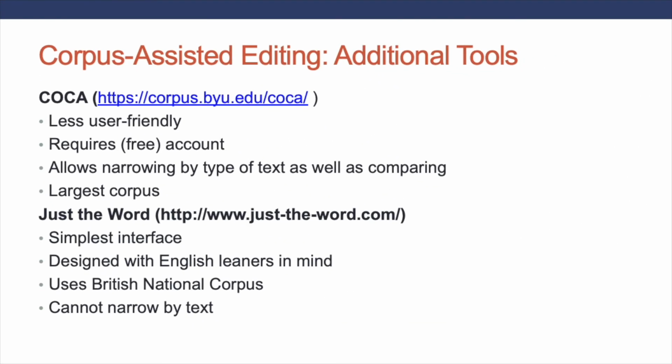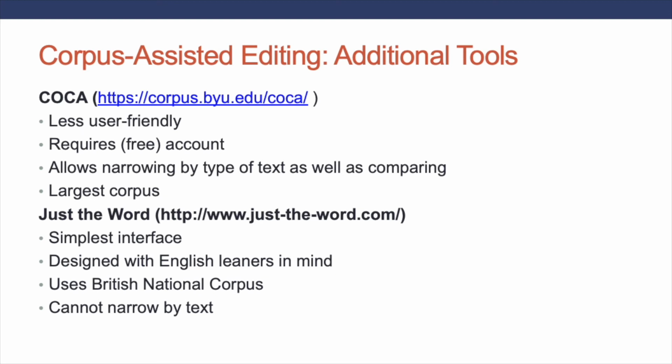Aside from Word Neighbors, there are additional corpora available online that you can use. The most comprehensive of these is COCA, the Corpus of Contemporary American English. COCA is a bit less user-friendly. It does require an account. Making an account is free, though.